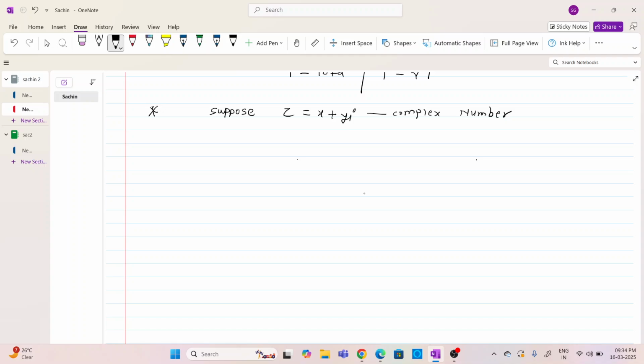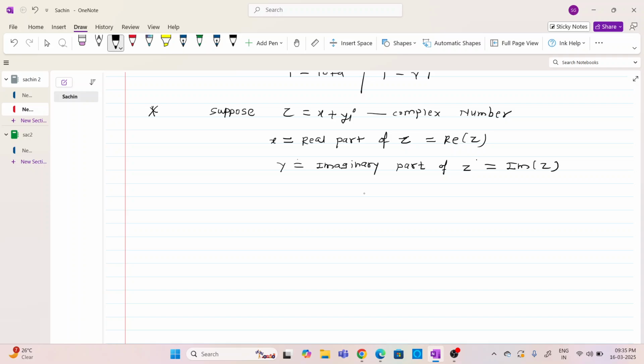So x is called the real part of complex number z, in short you can say Re(z), and y is called the imaginary part of z, or in short you can say Im(z).